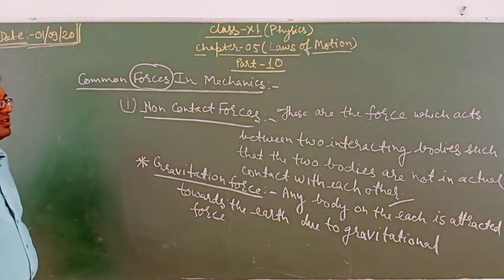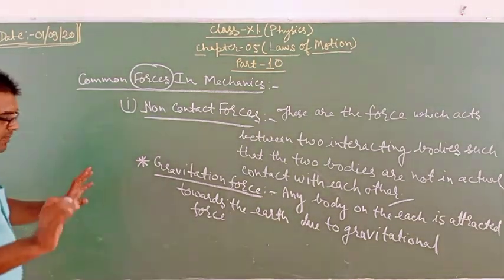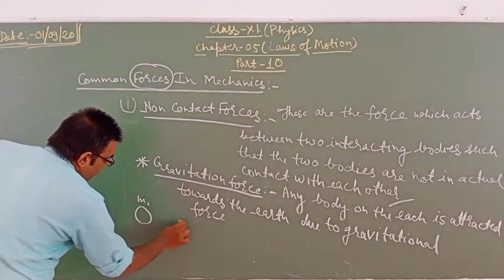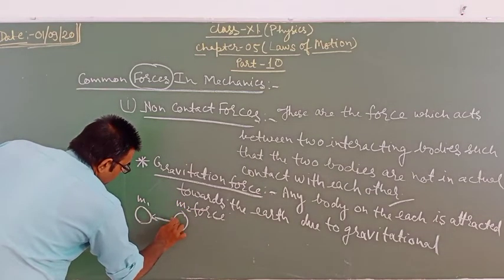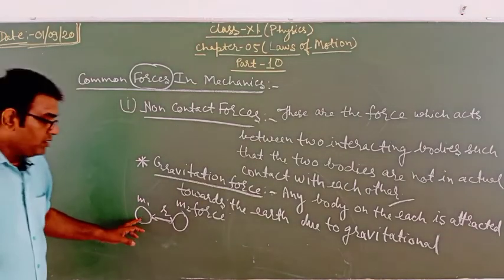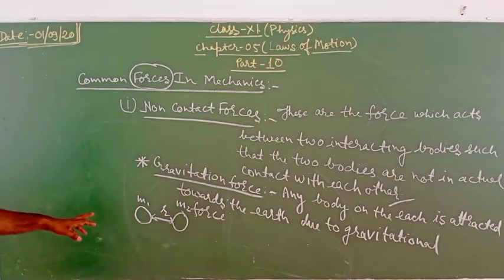I'm just giving a brief idea. In gravitational force, suppose this is mass m1 and this is mass m2, and these two masses are separated by a distance r. Then these two masses are not in actual contact with each other.